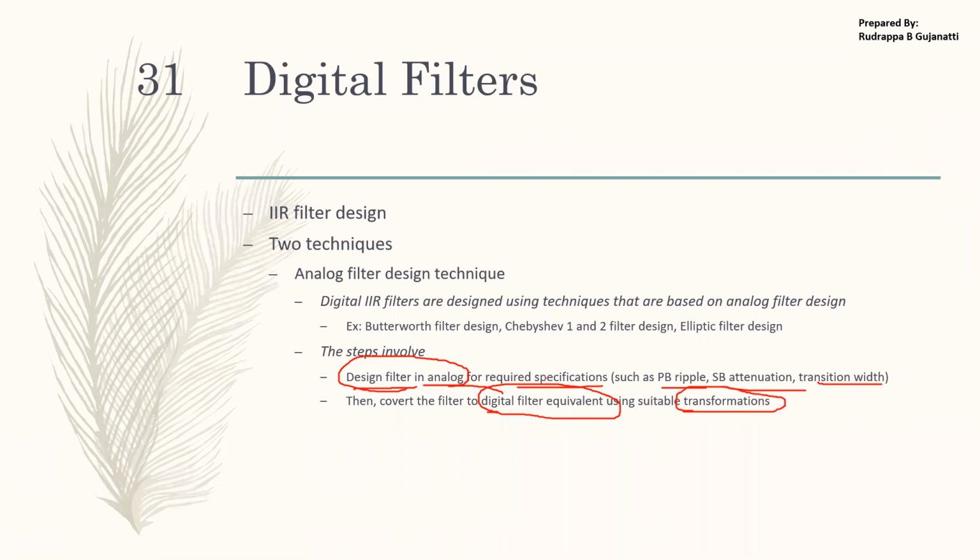When you design, the filter will be represented in the S domain. When you convert it into the Z domain, I'll be getting the equivalent digital filter. So this is one transformation. BLT and other methods are there, and we can use all of those in order to design the IIR filters.